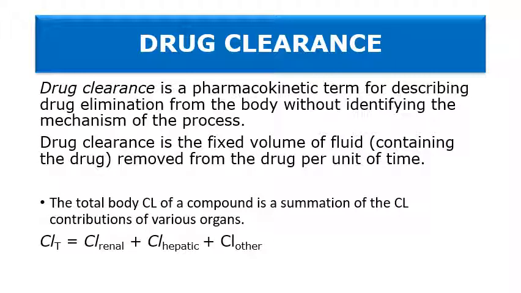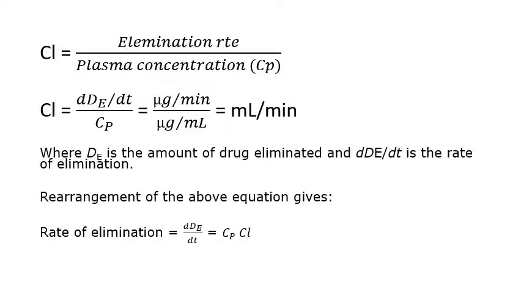So the total clearance is a term that can quantify the elimination of a drug in the body. As clearance is a rate, it equals the elimination rate divided by the plasma concentration.